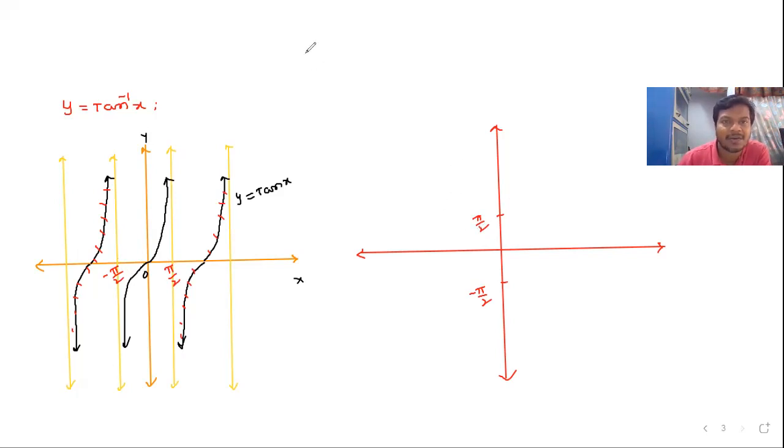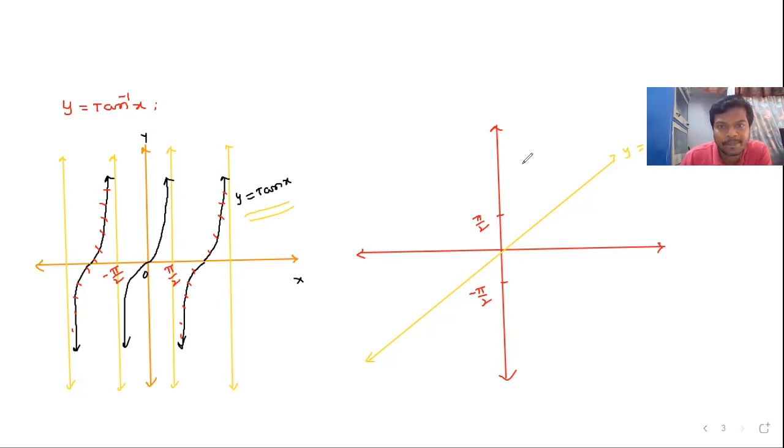Symmetric graph. Now about y equal to x I am going to draw. This is y equal to x, right? Symmetric graph of y equal to tan x. This is tan x graph, right? So this goes like this and this part.